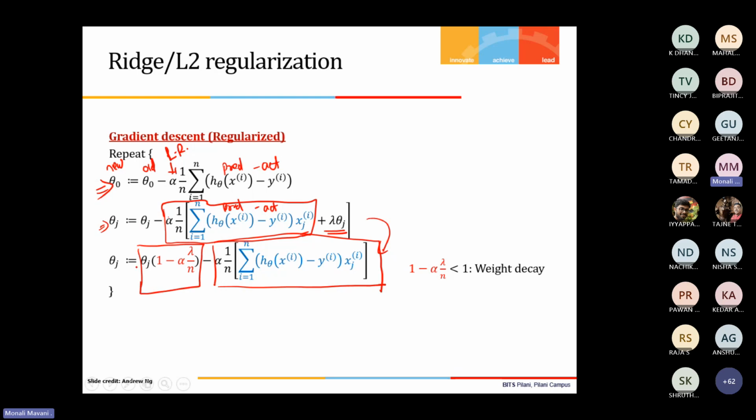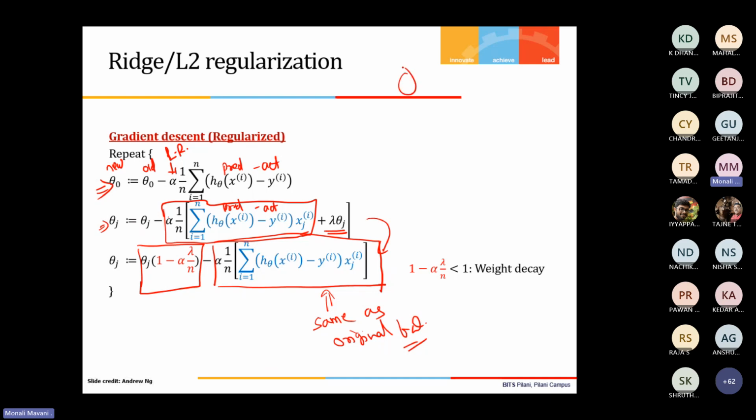What do you observe in this? Compare it first with the original gradient descent without the regularization added. Is the second term the same as the original gradient descent? Yes. Okay, now what is the first term?